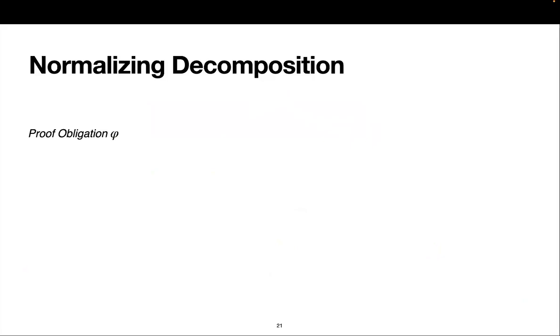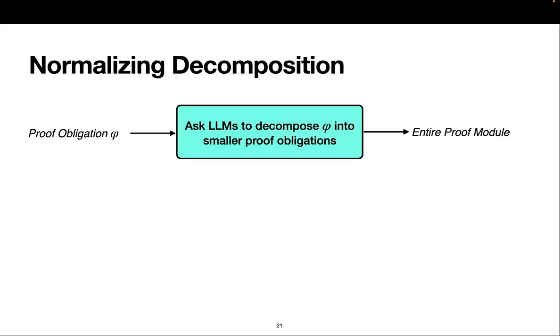For decomposition, we could ask LLMs to decompose the obligation directly and let the LLM generate an entire TLA Plus proof module. But as we discussed, this often produces syntax errors because the LLM has to generate the valid proof syntax for the entire module.